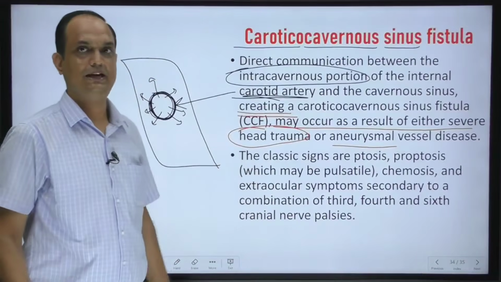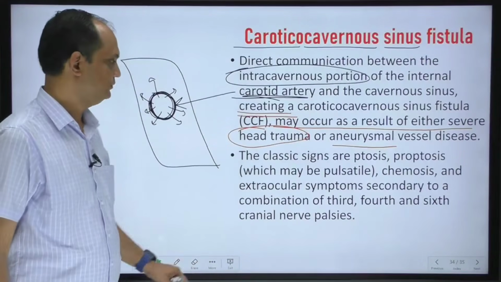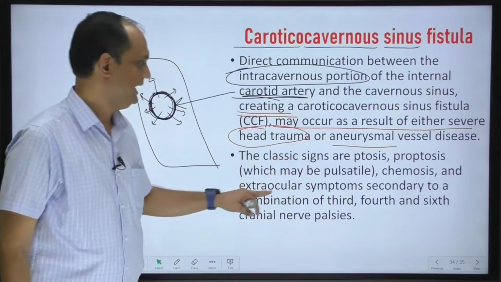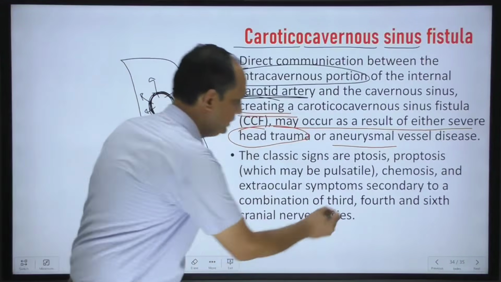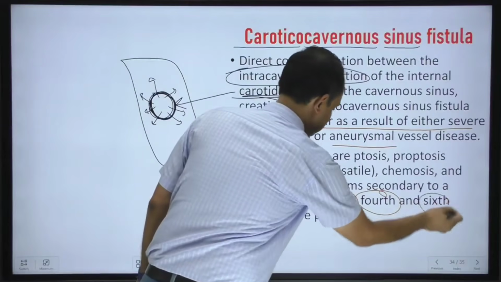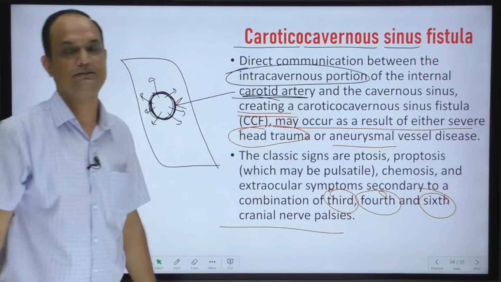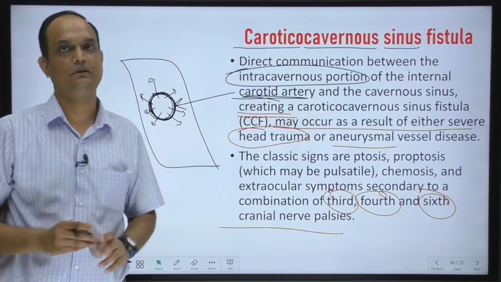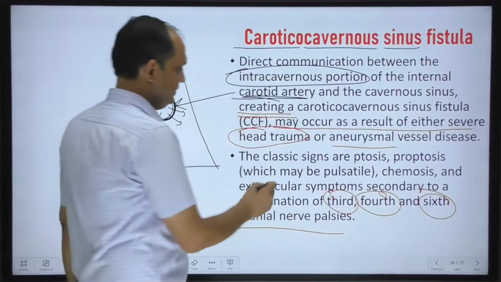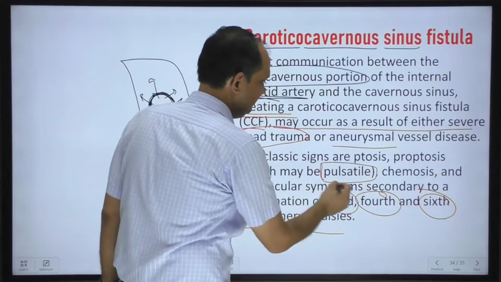The classical signs are ptosis, proptosis, chemosis, and extraocular symptoms which are secondary to a combination of third, fourth and sixth cranial nerve palsies. Now dear student, one important thing which is written here is pulsatile. What does it mean?